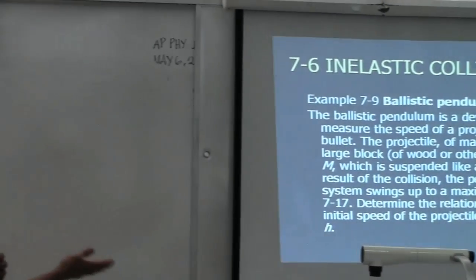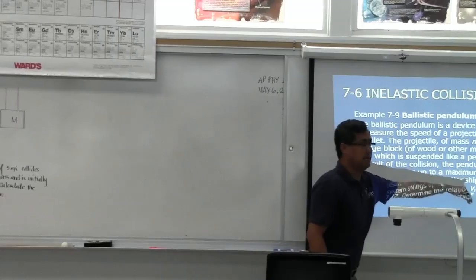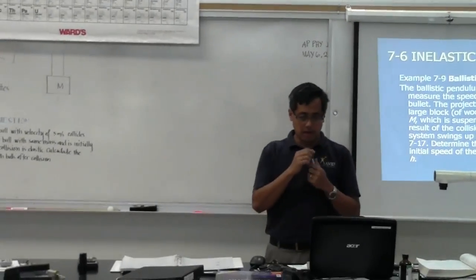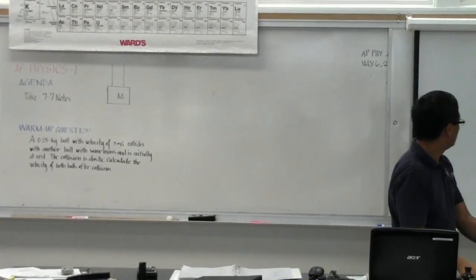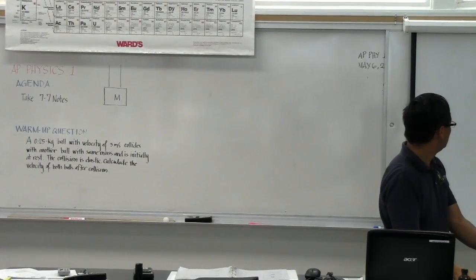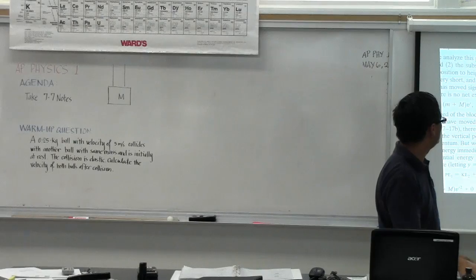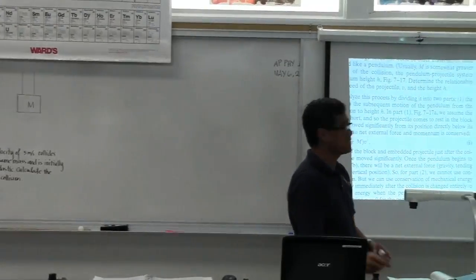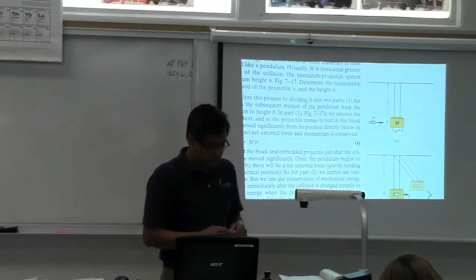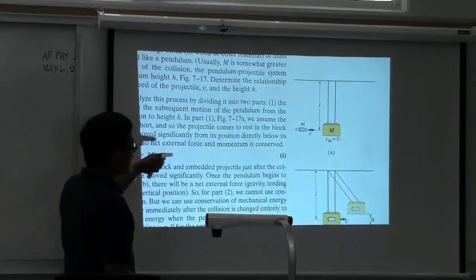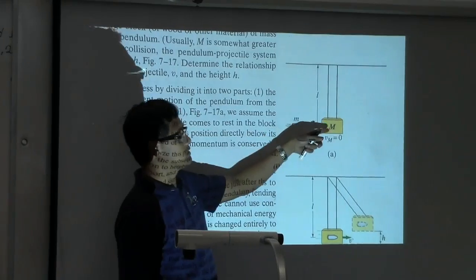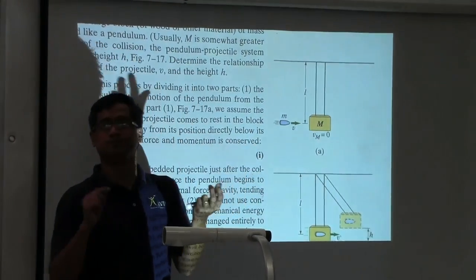Okay, so we're trying to find out the relationship between V and H. You understand what it's trying to say, right? So this is what happens. You've got a block of wood, whose mass is just M, we don't know the mass, and they fire a bullet. What happens to the bullet as it hits the block of wood?